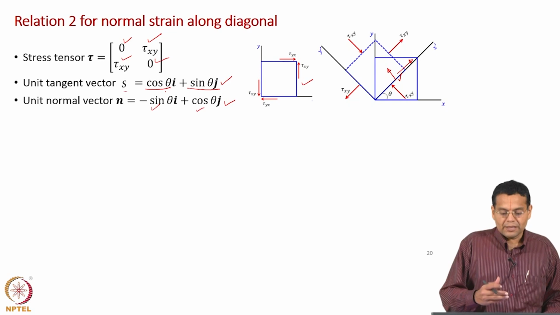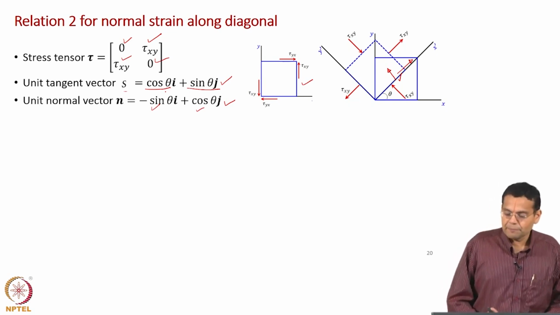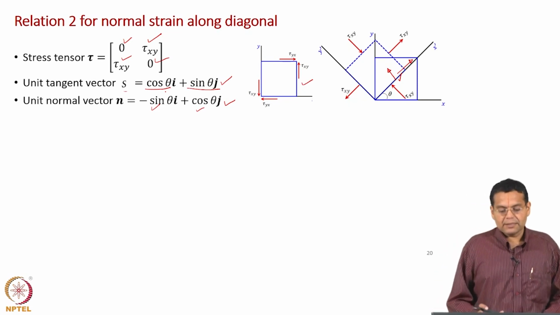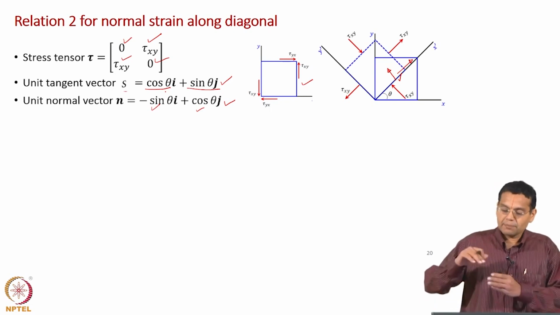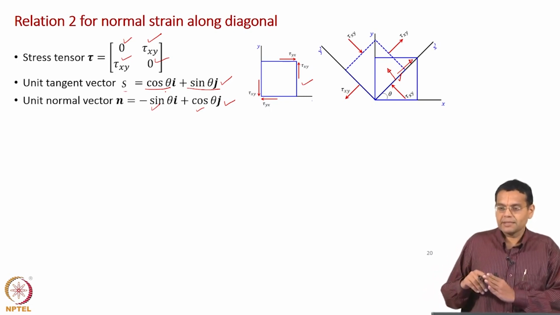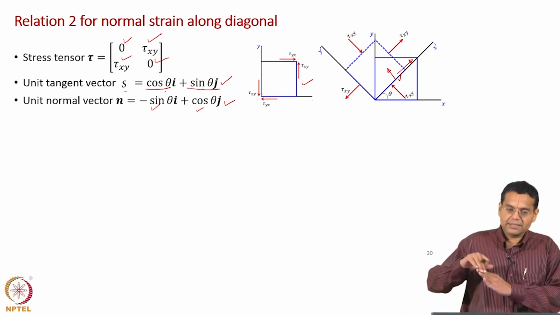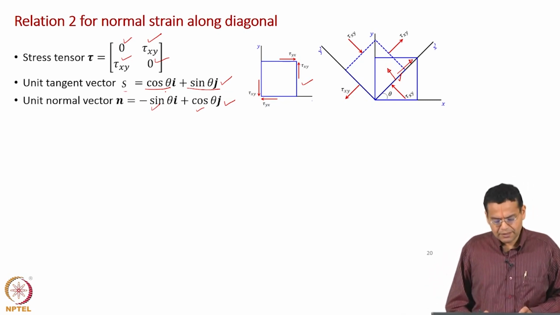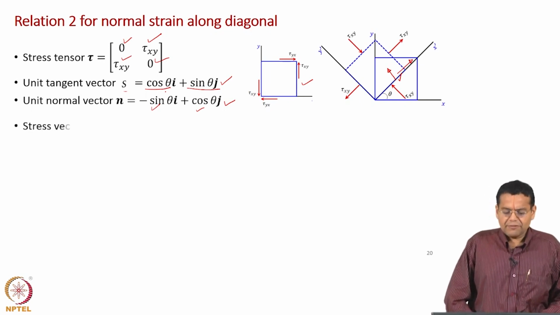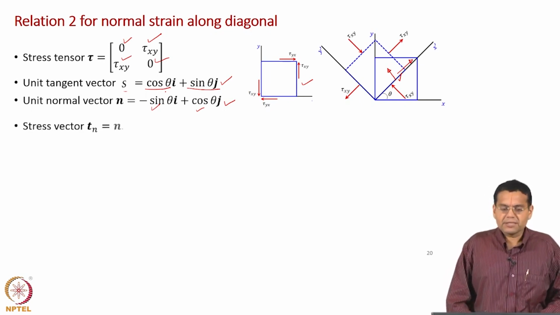So, the normal vector is perpendicular to the tangent vector. What have we done? We have represented the condition of pure shear stress in terms of a stress tensor, considered the plane at an angle theta with the x axis, and wrote an expression for the tangent vector and an expression for the normal vector. Now, we will find the expression for the stress vector.